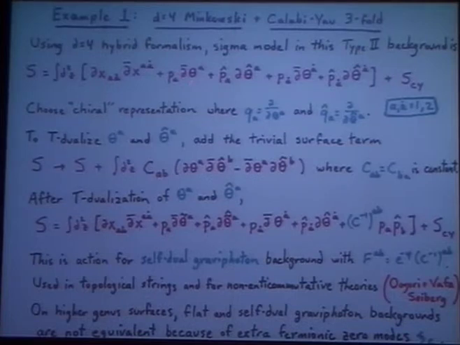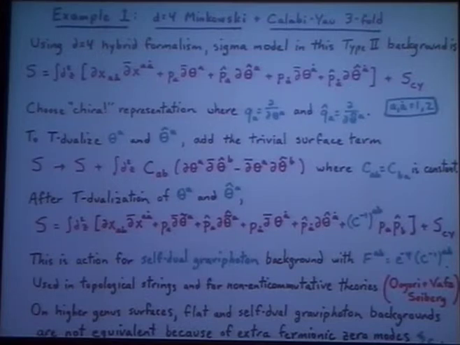You have a canonical momentum for x, a canonical momentum for theta, which I'm calling p, so this is a fermionic variable. And these are just the N equals 2, D equals 4 theta. So you have theta A and its dot, these are left moving, and the right moving ones are theta hat A and theta hat A dot. And then you have an action for the Calabi-Yau sector, which in the hybrid formalism decouples from this 4-dimensional sector.